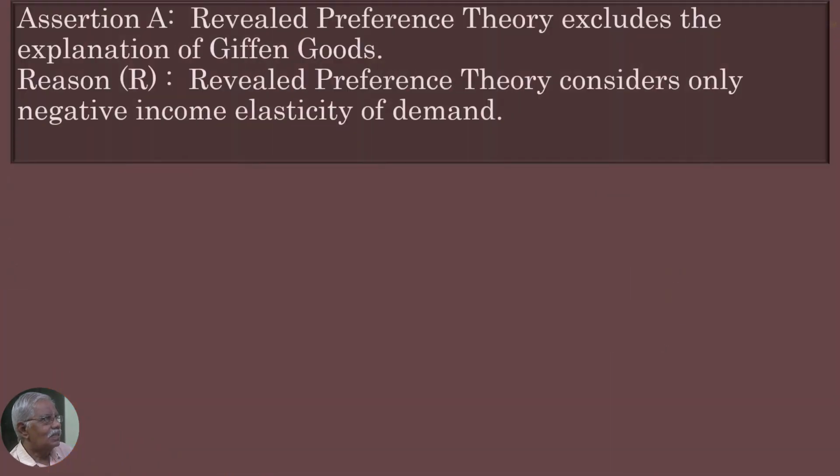The next question. Assertion: Revealed preference theory excludes the explanation of Giffen goods. Reason: Revealed preference theory considers only negative income elasticity of demand.